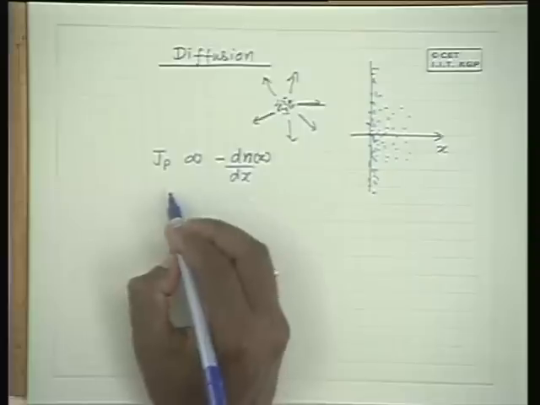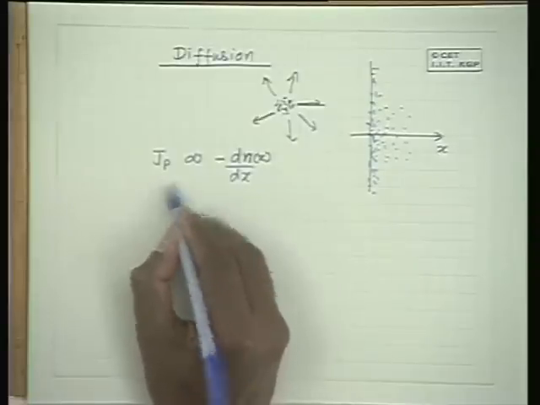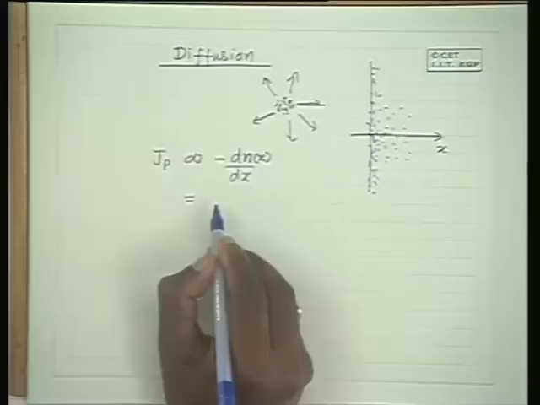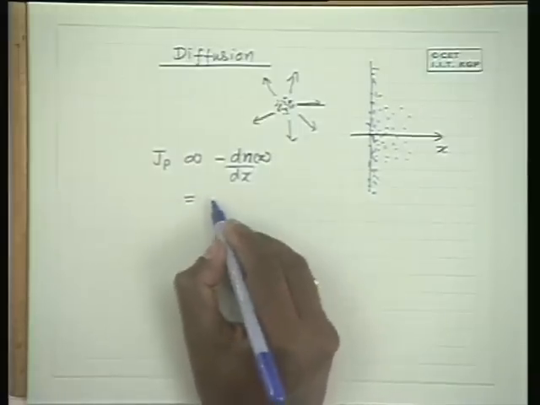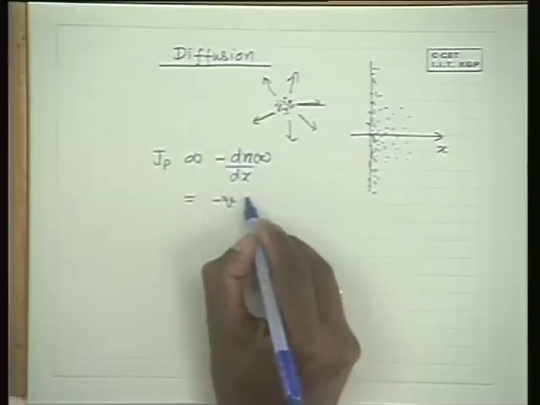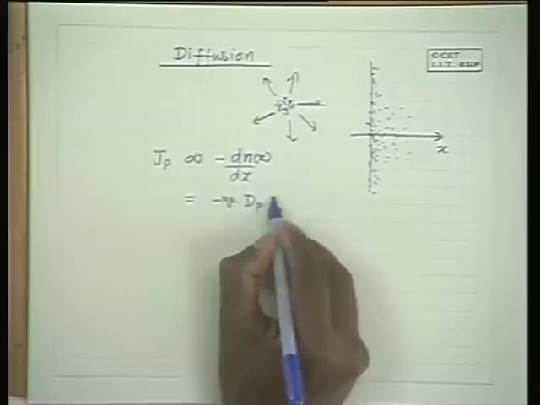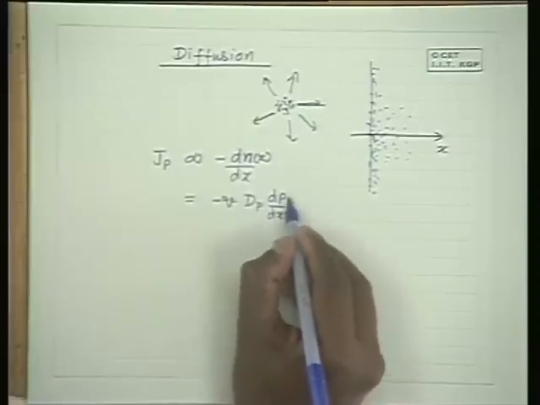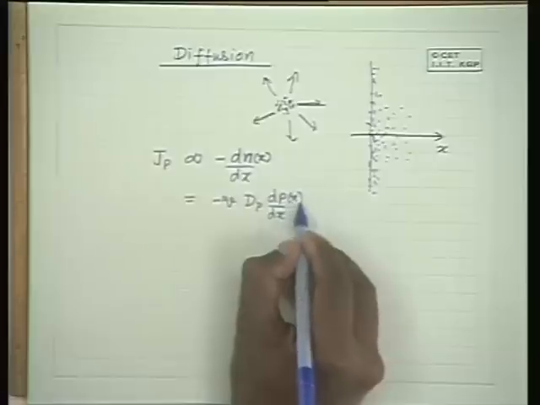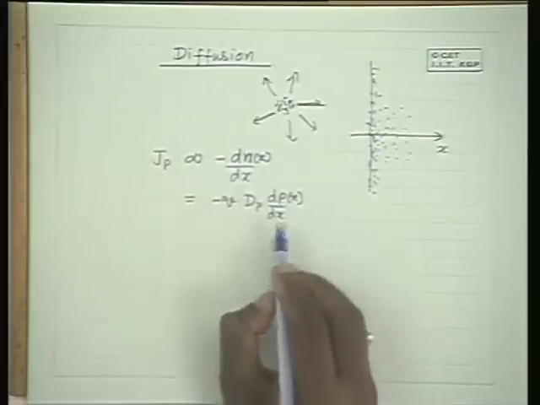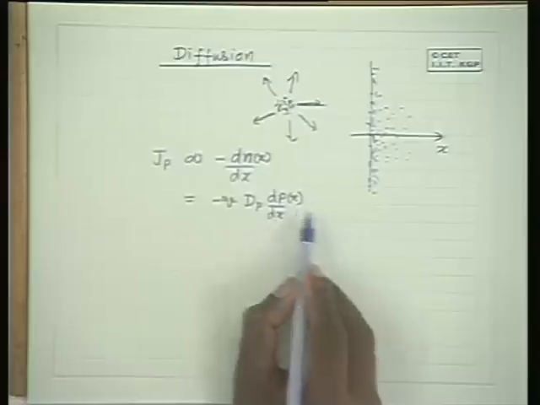Hence, the current contributed by, for example, the diffusion of holes from high concentration to low concentration can be expressed as minus q D_p dp/dx, where p is the concentration of the holes as a function of x, and dp/dx is the gradient.